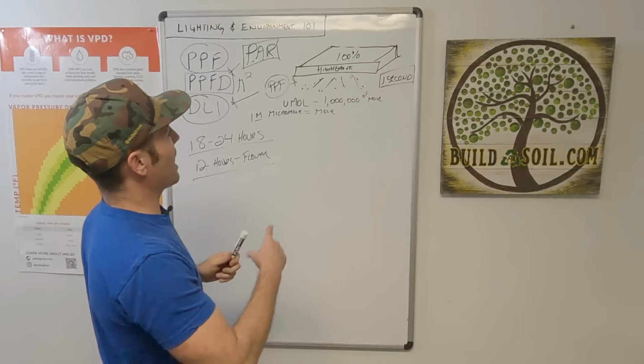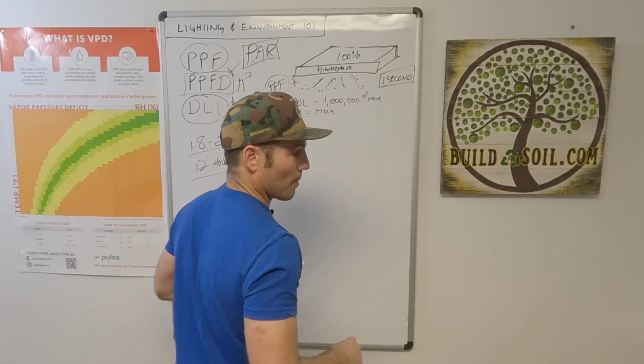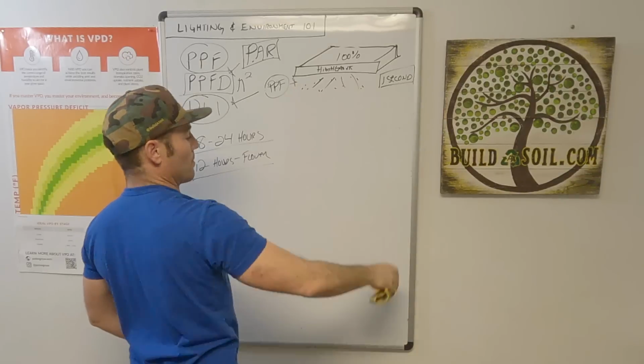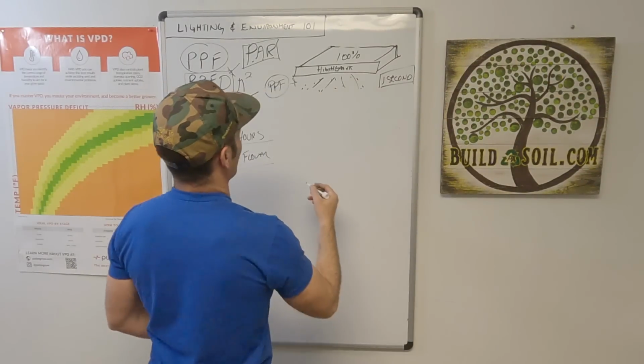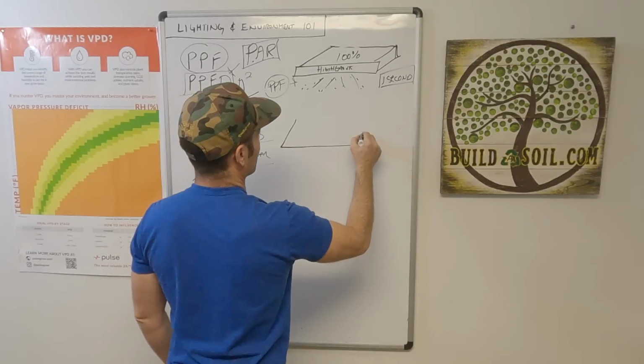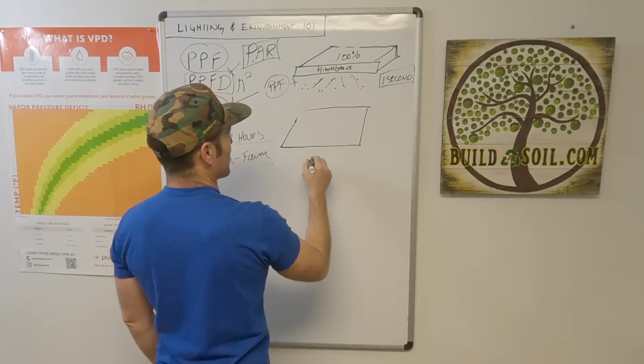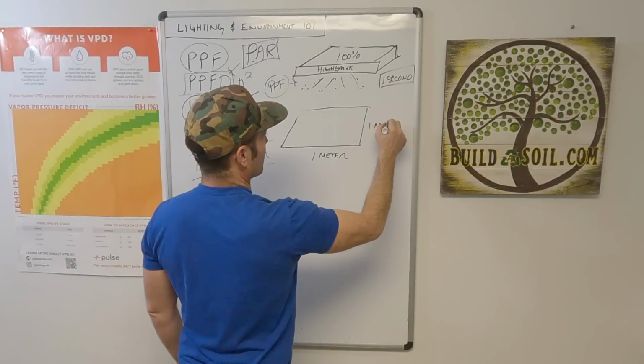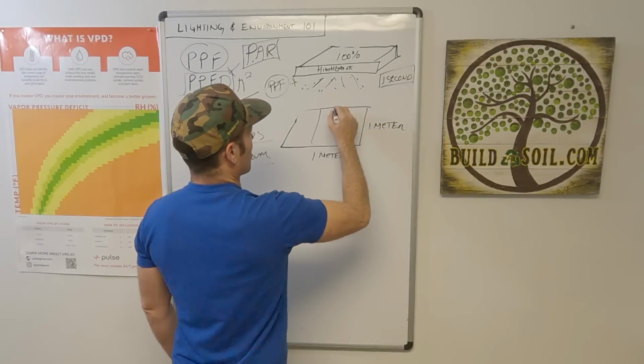So let me continue. We have this grow light, okay? And I know this is a small board, but I'm hoping that you can follow along here. And so now we have 1 meter squared, right? We have this space and it's 1 meter by 1 meter, right?